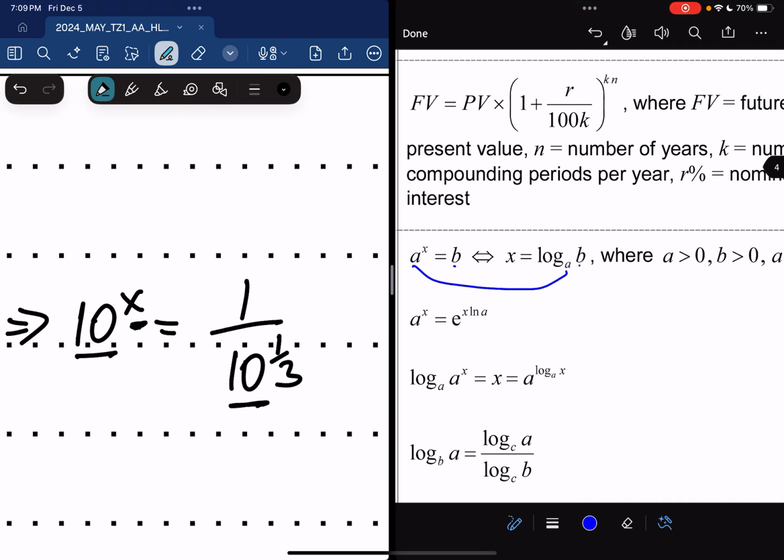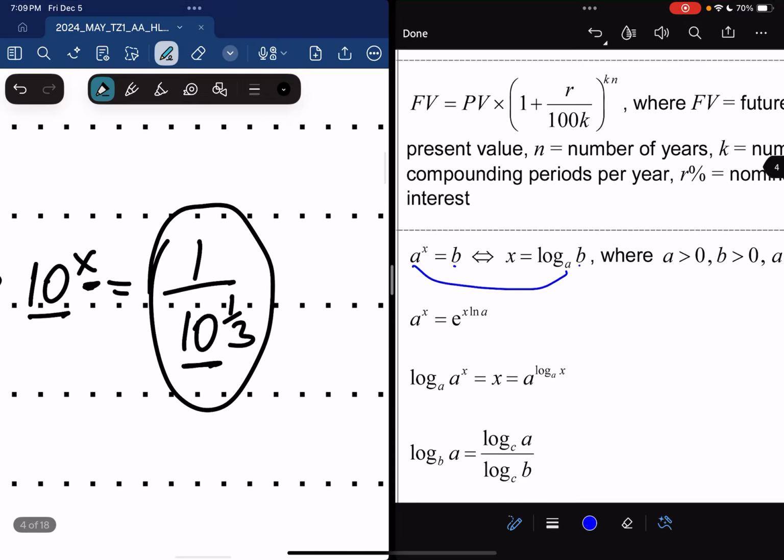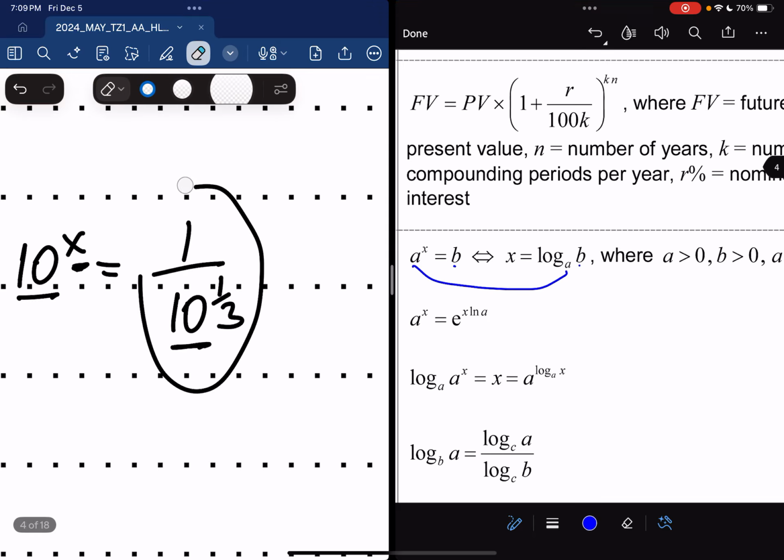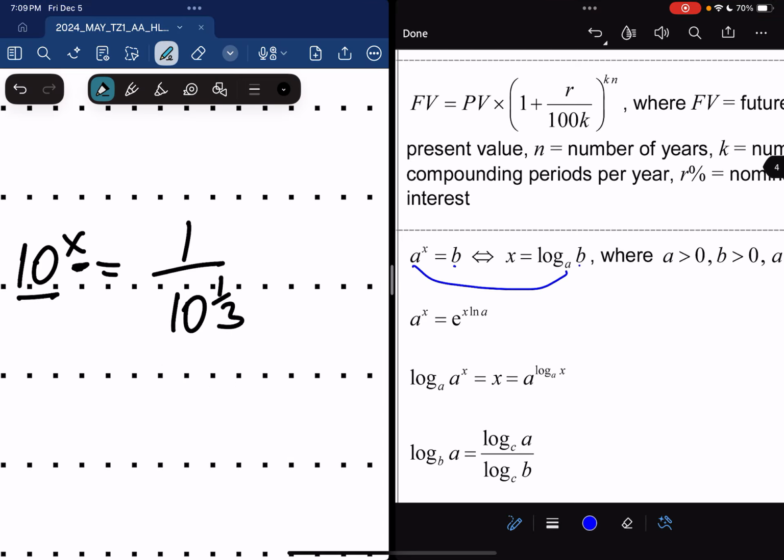I need to rewrite the right side of the equation so that I have an equation that starts with the base 10. The way I can do it is I observe that 1 over 10 to the 1/3 is actually a reciprocal.